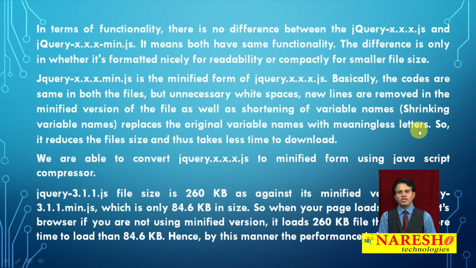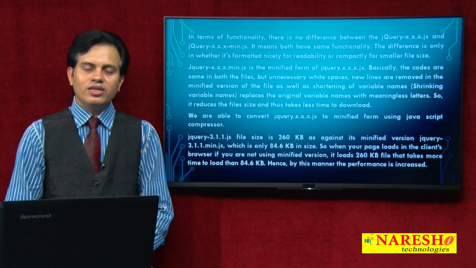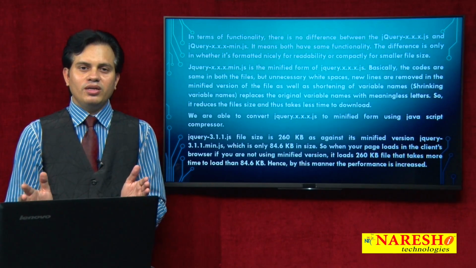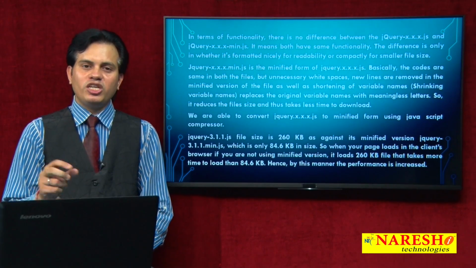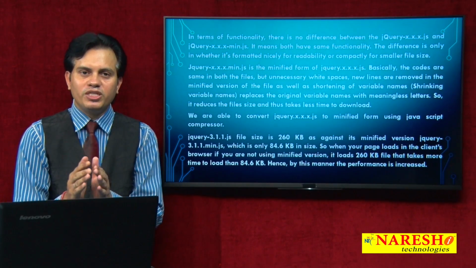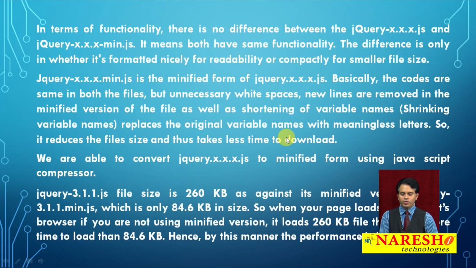Suppose my variable name is productNumber, it may come as A, or it may come as P, but there is no meaning in A and P. So the original variable name will be productNumber, but after compression it is changed to a short variable name in order to compress the file size. So it reduces the file size and thus takes less time to download from the server to the client.